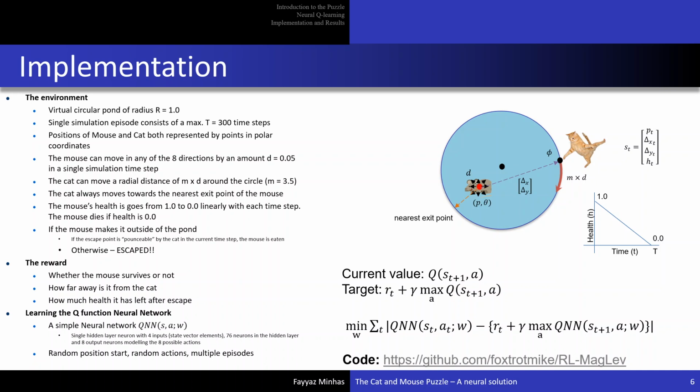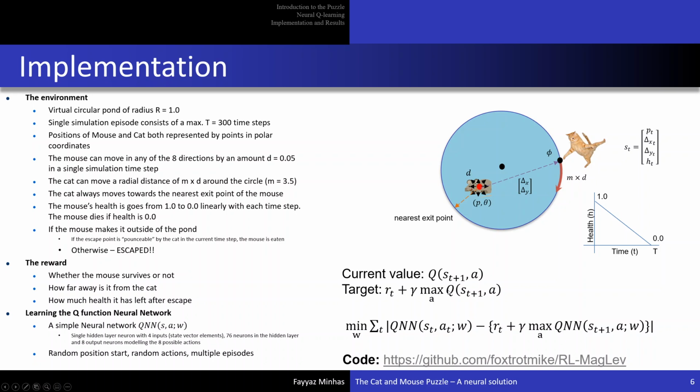We do this for multiple episodes. In each episode, the Q function is being updated, based on the reward that we get and the utility of the next state to which a particular action leads us. Imagine the current value of the Q function in state S is Q(s, a).